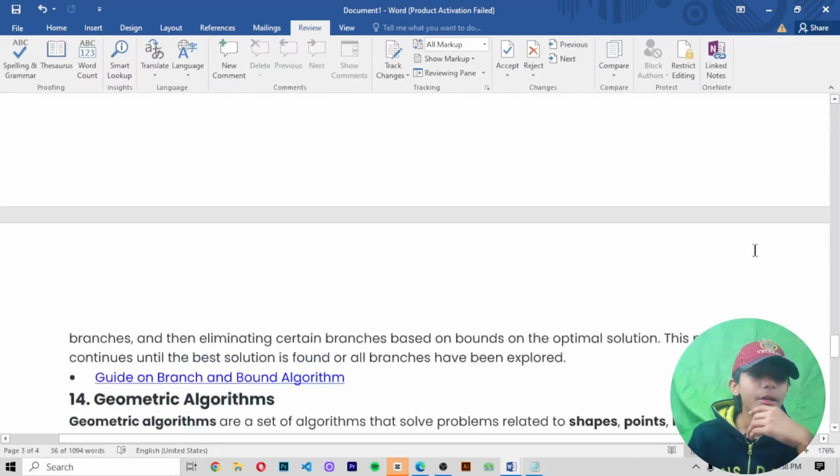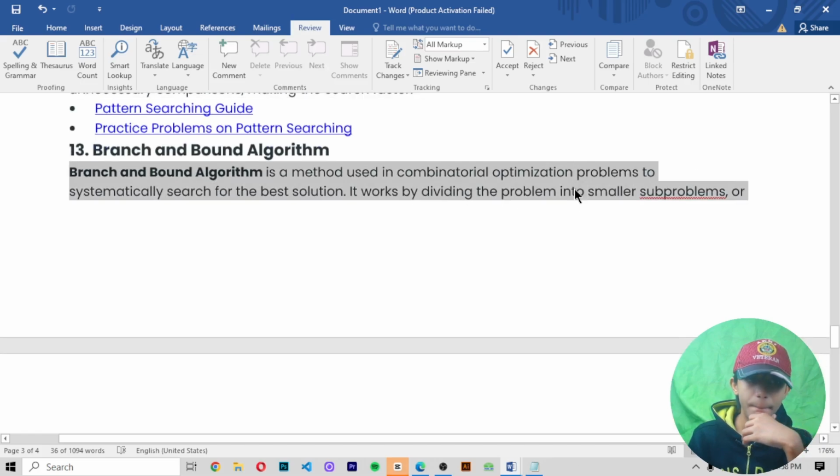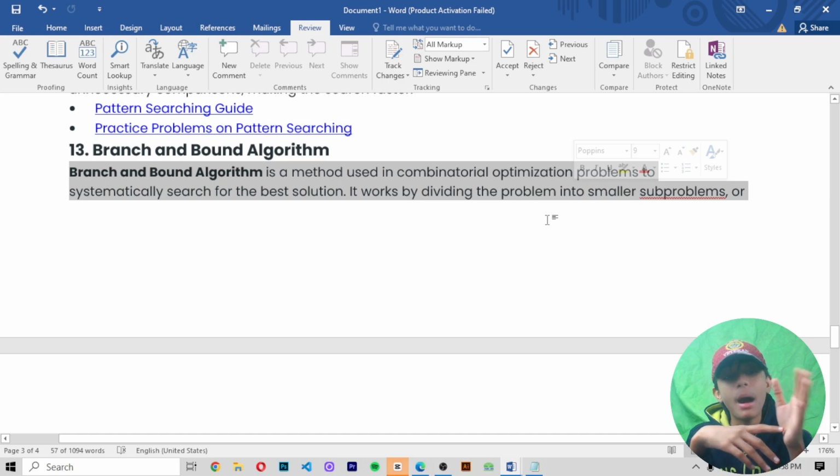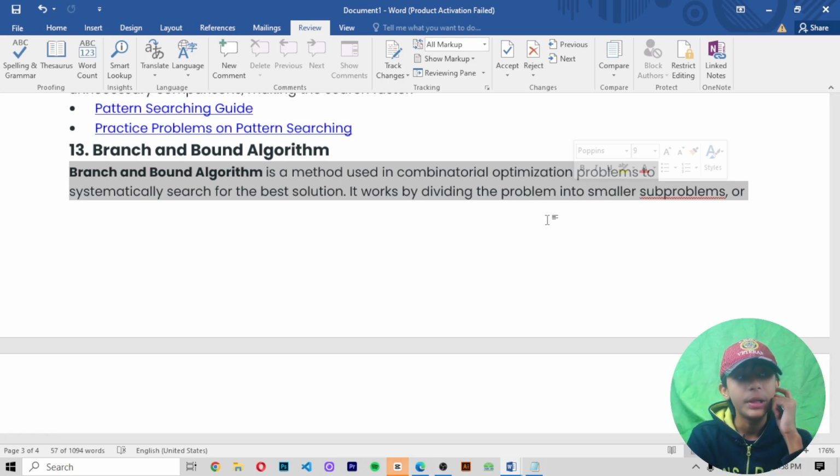Now, number 13, third last, branch and bound algorithm. Branch and bound algorithm is a method used in combinatorial optimization problems to systematically search for the best solution.